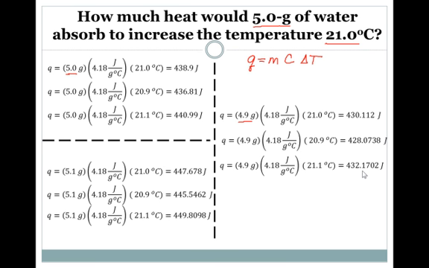Now down on the left bottom, what if the mass is 5.1? Well, we have to do three more calculations then, and we're going to take the mass of 5.1 times the specific heat of water times the three temperatures, 21.0, 20.9, and 21.1. And you'll notice that you get three different answers.